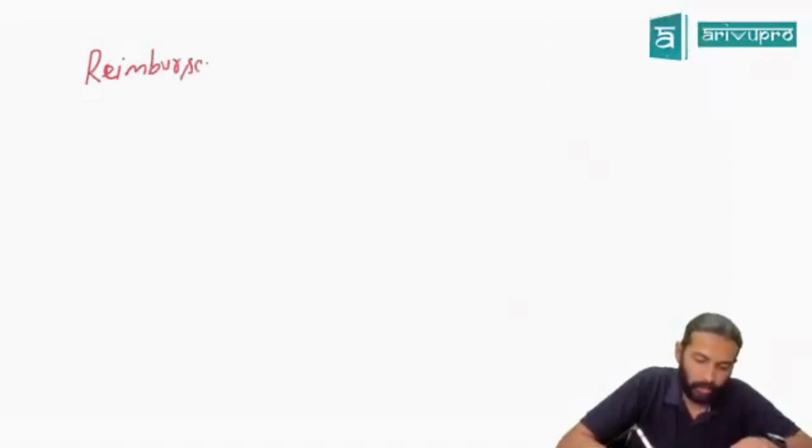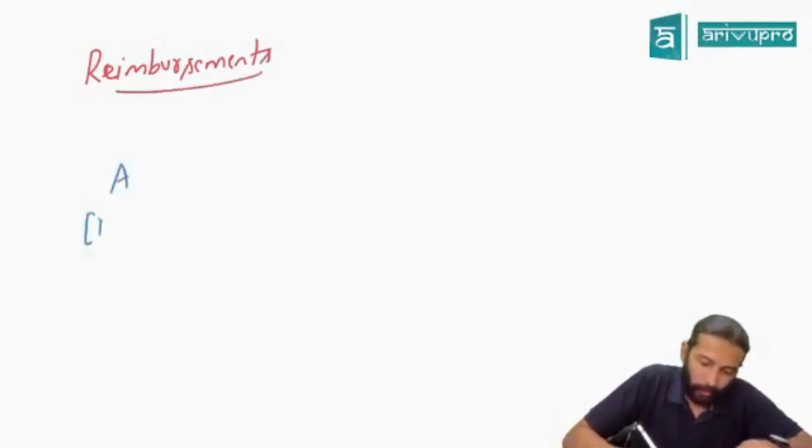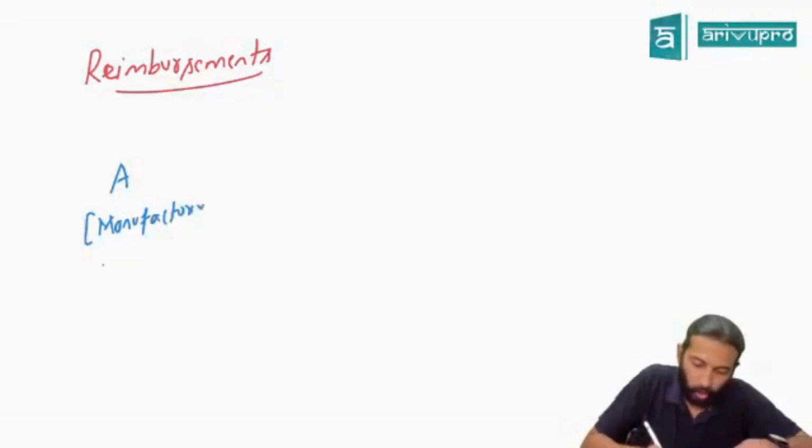Reimbursements. Suppose A Limited is a manufacturer. Let's say A is a manufacturer of cosmetic products, your Fair and Lovely, Glow and Lovely, those sort of products.